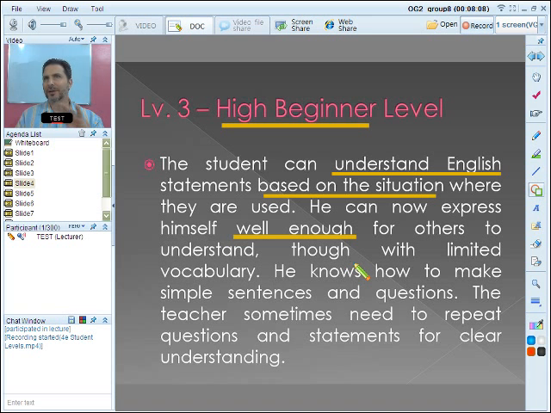Even though they have a limited vocabulary, you can still kind of follow along with what they're trying to say and how they're expressing themselves. They can make simple sentences, and they can even form questions. It's very difficult for the lower levels to even create questions. But in the case of the high beginner, they can create those questions. Now, the teacher may need to repeat, or the speaker may need to repeat themselves, but it shouldn't be too much.